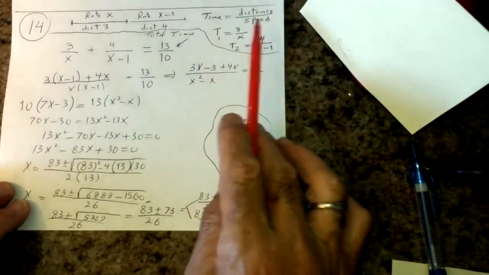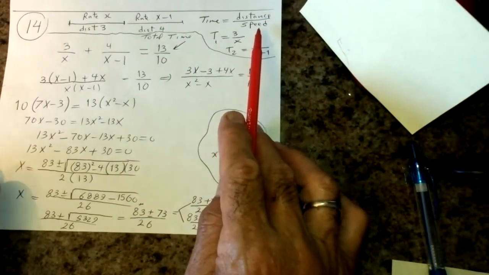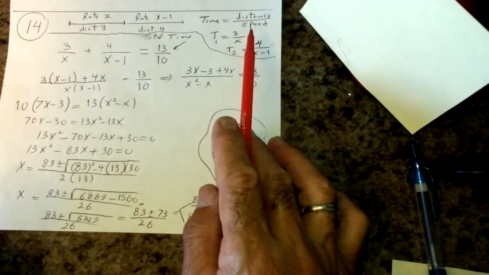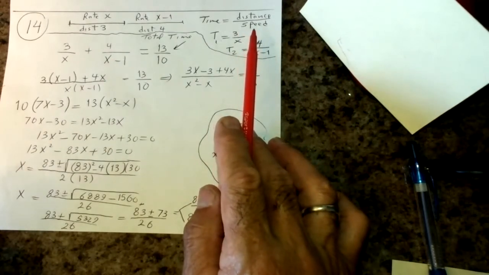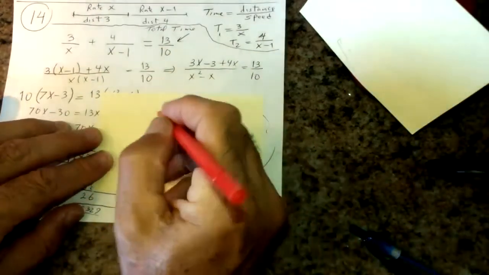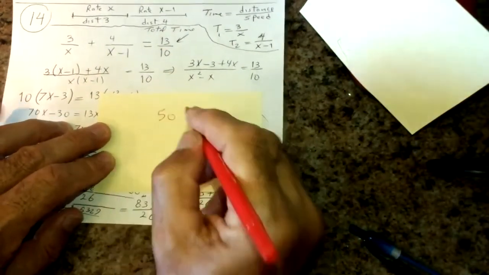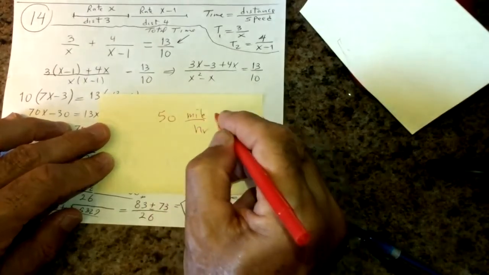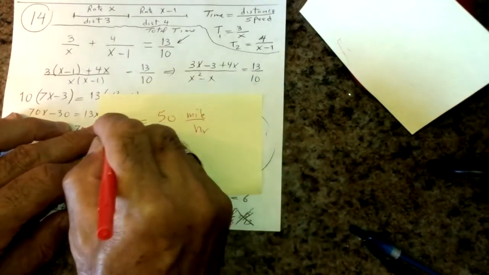Time is always distance divided by speed. You know, if you drive a car every day, you're dealing with this. When we say, oh, I drove 50 miles per hour, say 50 miles per hour is my speed, right?